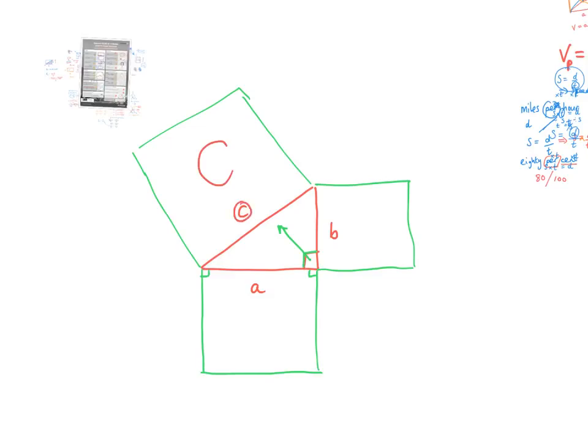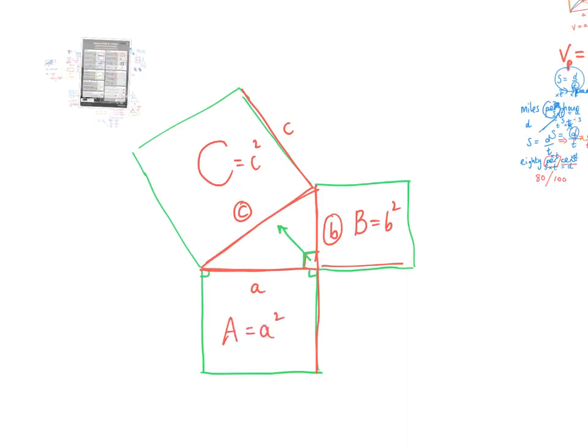Well, it's just C multiplied by C, because don't forget, this is a square. So this is going to be C squared. We're going to call this area B, and what's that going to be? Well, it's going to be B times B, and that's just going to be B squared. And then this area here is just going to be A by A, so this is going to be A squared.